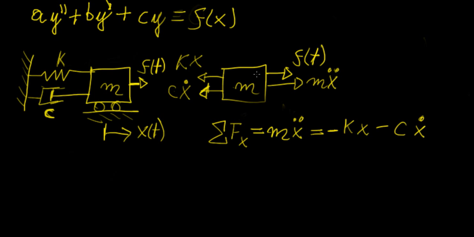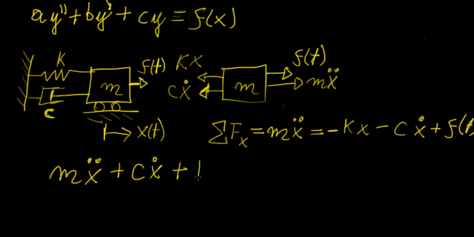We're going to assume both of them are acting about the center of mass of the cart. So we're going to add that force here, and by moving the other terms to the other side, we have m x double dot plus c x dot plus kx equals F as a function of t.